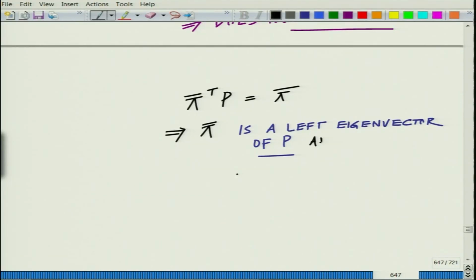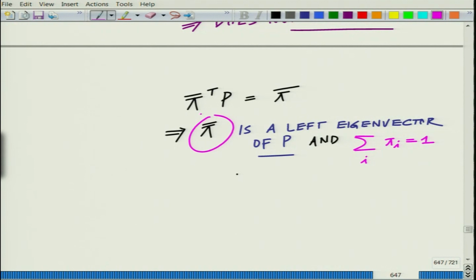Now, to make it a probability mass function, we have to ensure that it sums to unity, that is, summation over i of pi i equals 1. So we find the left eigenvector of P such that the sum of the individual elements is equal to 1.